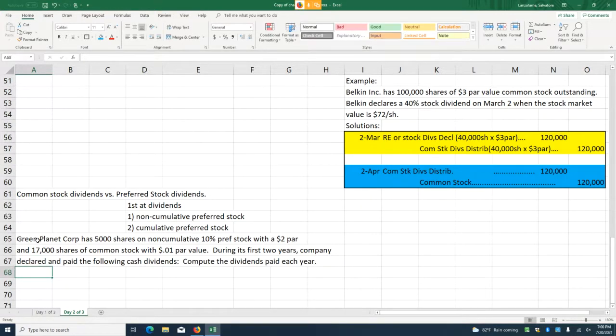So they told us that year one, total cash dividends $800. And then year two, total cash dividends $1,700.